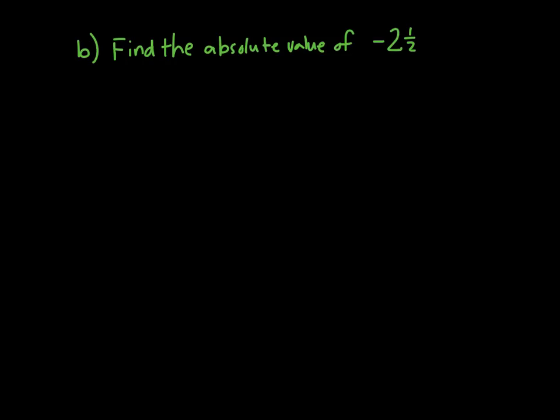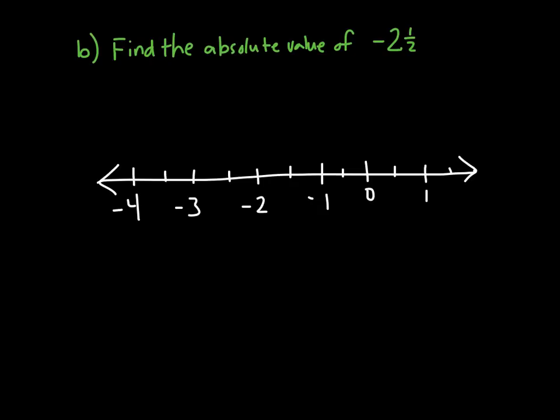So the same thing goes for fractions or decimals or anything like that. If we have the absolute value of -2.5, we would first start by graphing it on a number line. So remember when you're making a number line to make sure that you have equal intervals. In this case I did them by halves, although I did not put in all of the halves. You can see that there's a line that represents, so here's 0, -1/2, -1, -1.5, and so on. So the first thing you're going to do is you're going to graph -2.5 on the number line.